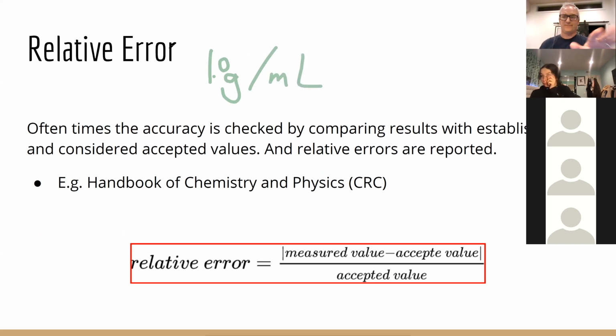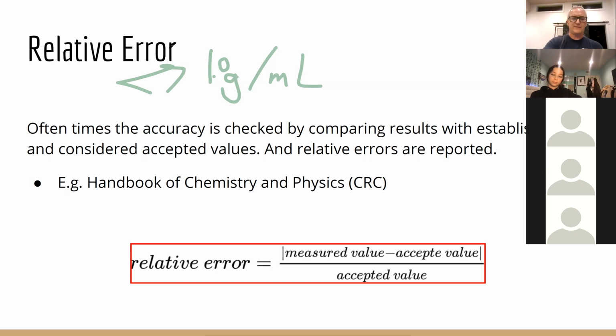We'll look up what the density is at the temperature of wherever you are. In this room, the temperature will vary and the density of water will vary according to the temperature. So we'll look that up. So basically we can calculate what we think the density of water is.